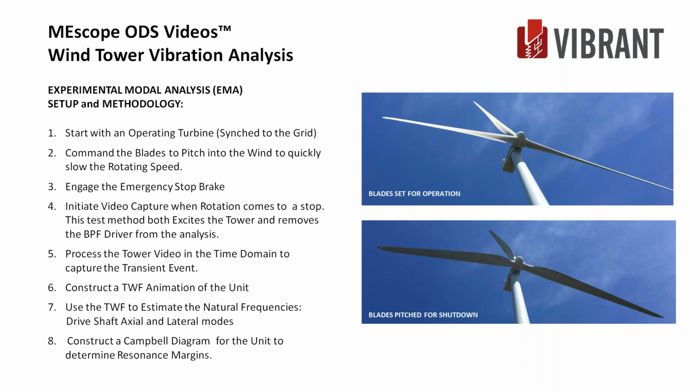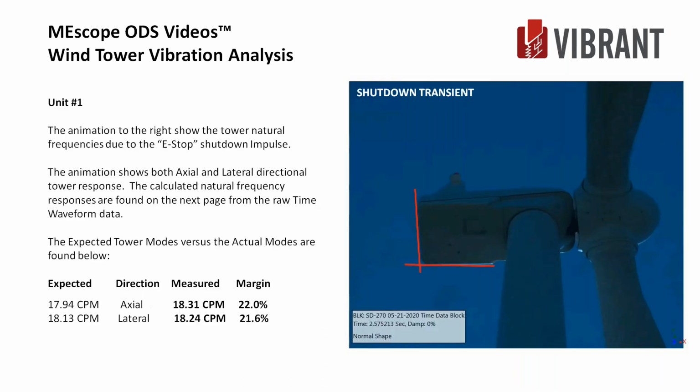Once we're done with that, we construct a Campbell diagram. We determine how much resonant margin we have, and if we're too close to a resonance driver, then we can do some correction at that point. But in this case, it turned out really well. Even the bad ones were acceptable margin.